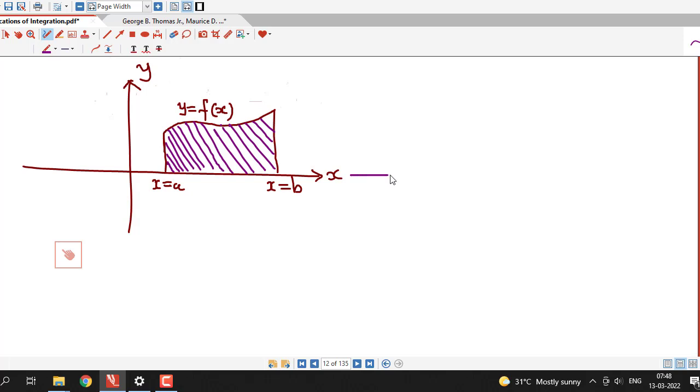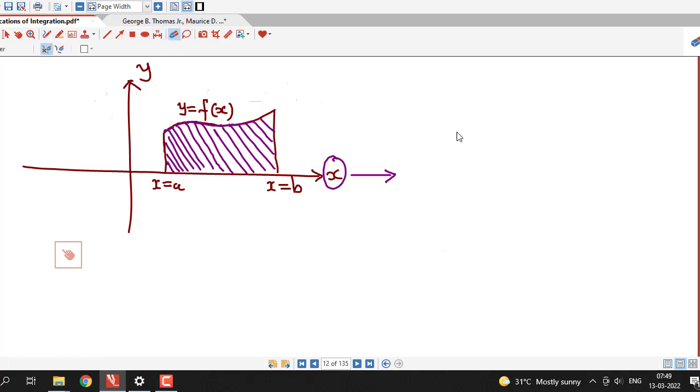Now suppose we consider rotation of this plane region about x axis. So what we will obtain, that we can visualize in three-dimensional space.